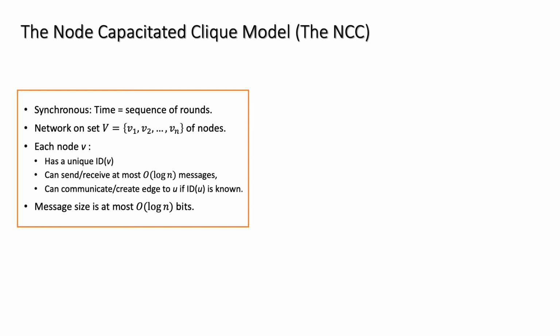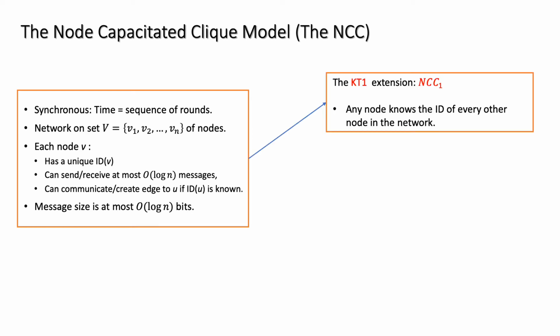We distinguish the NCC setting into two variants, NCC0 and NCC1, based on the IDs initially known to the nodes. In NCC1, which matches the NCC model introduced in SPAA 19, all nodes have full knowledge of each other's IDs. Thus, this version of the NCC is similar to the KT1 variant of the congested clique model, except with a bound on the number of messages that can be sent or received at a node in every round.